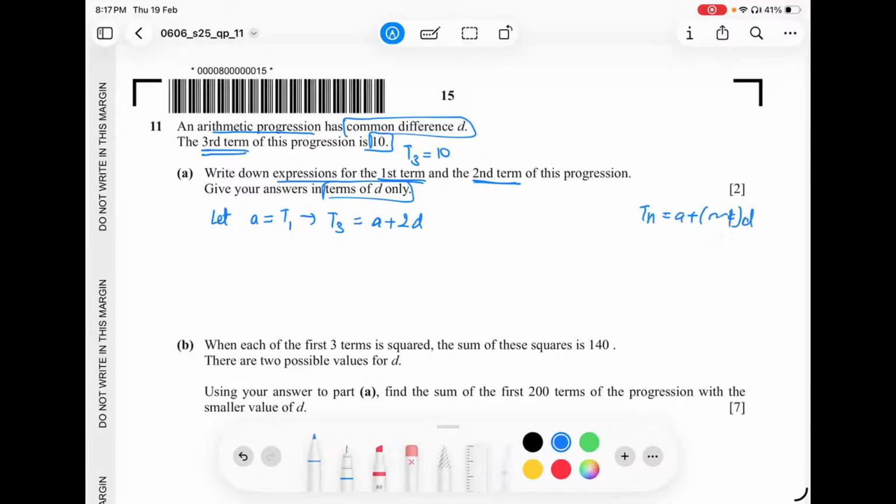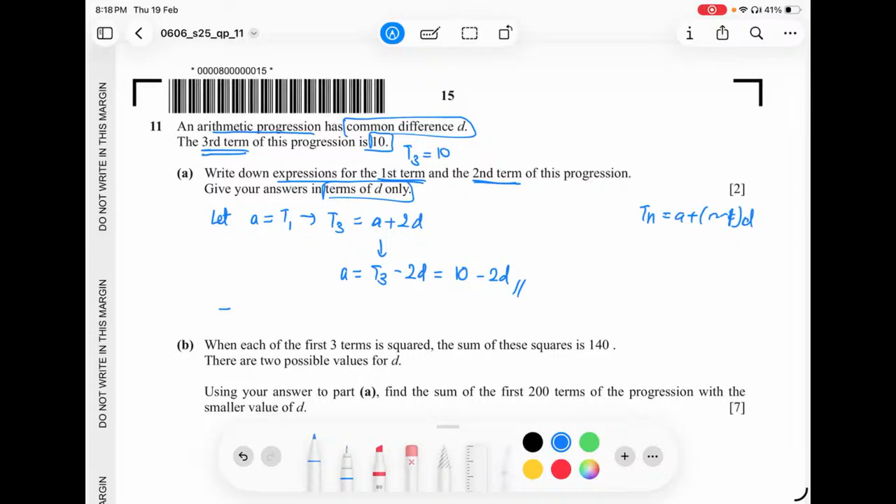This is a general formula. Now you just need to substitute n equals 3 and you will get a plus 2d. So now to get a, which is T1, you just need to do T3 minus 2d, which is going to be 10 minus 2d. So this is the term 1.